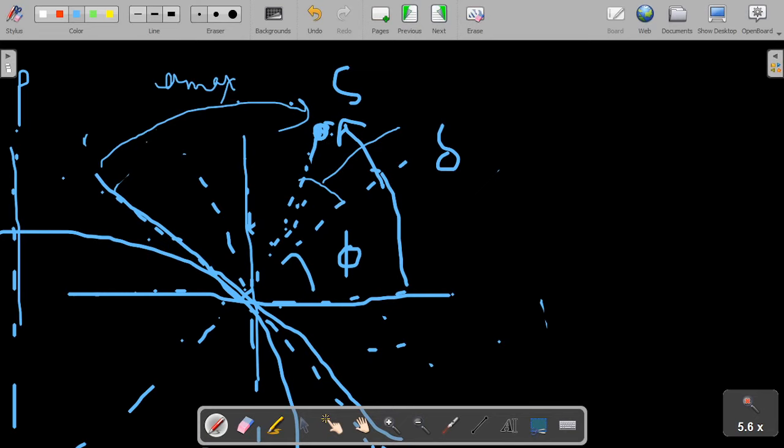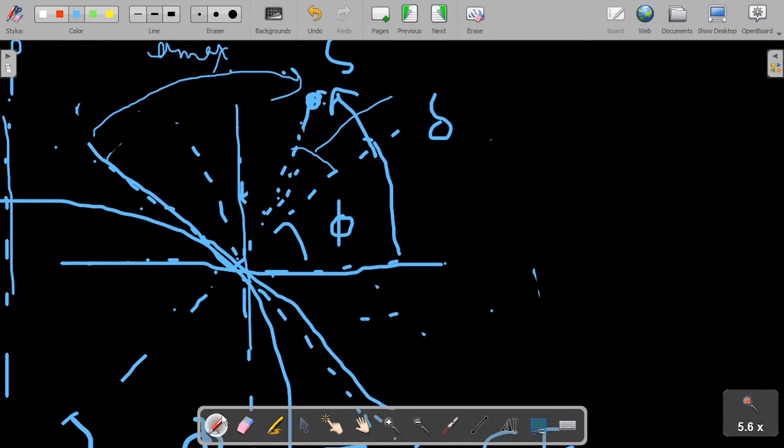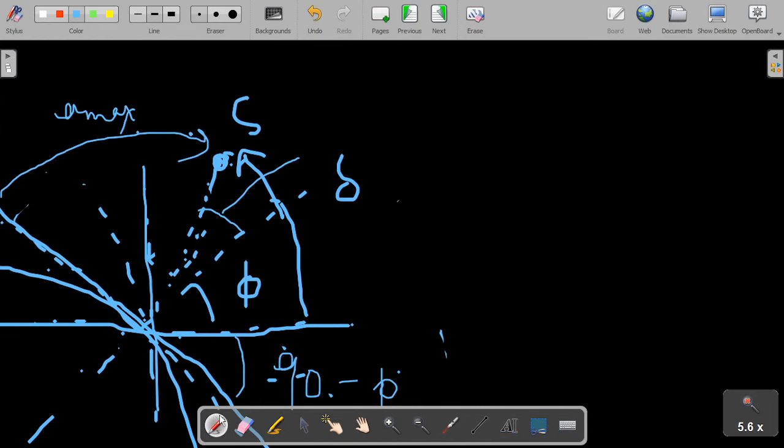Now let's just define a couple of things. So this would be 90 minus phi, and if you sum this together, you would get 90 minus phi plus delta plus A max is 180 degrees.